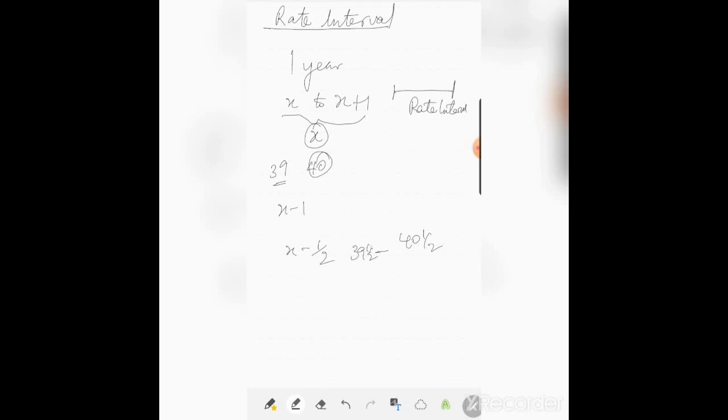So the age where his age is going to be constant is in the x minus a half interval. Okay, so if I'm looking at x minus half, it is the rate interval that is applicable for that scenario. And here we are trying to calculate the mortality rate.